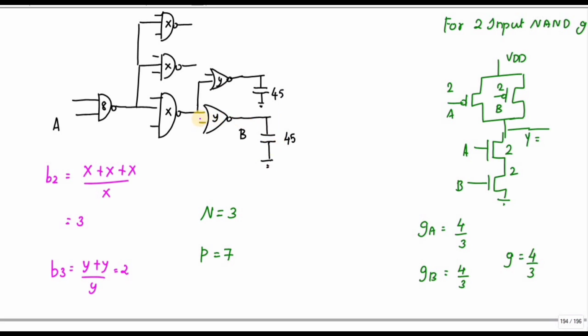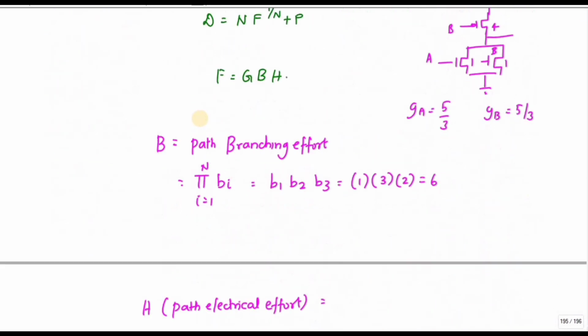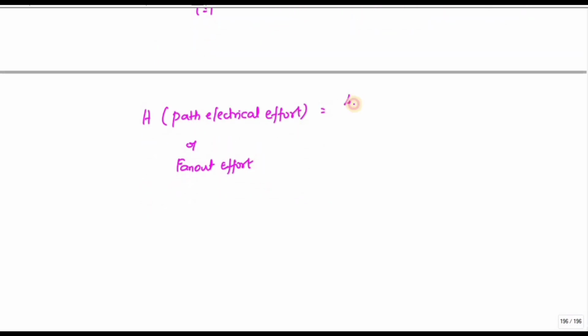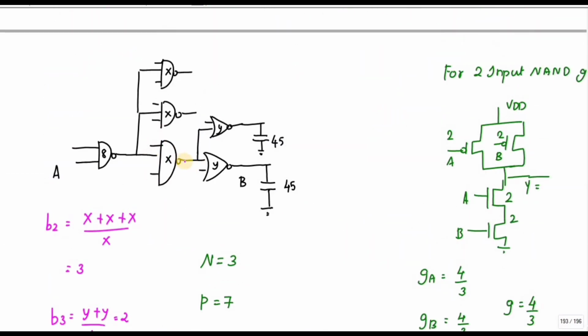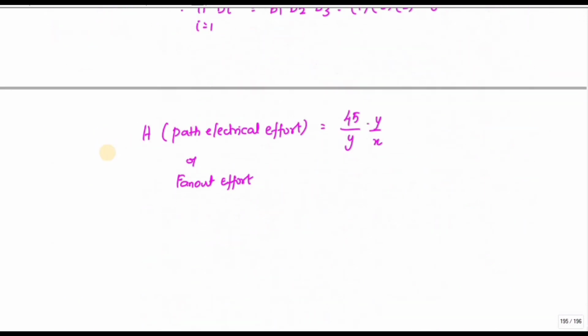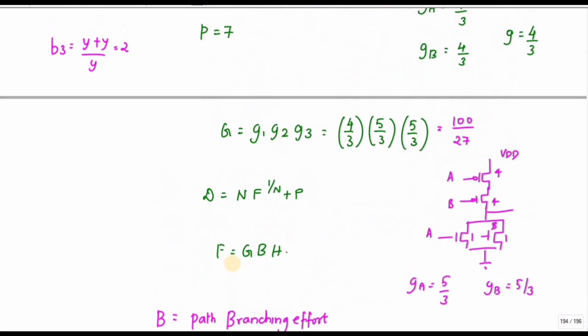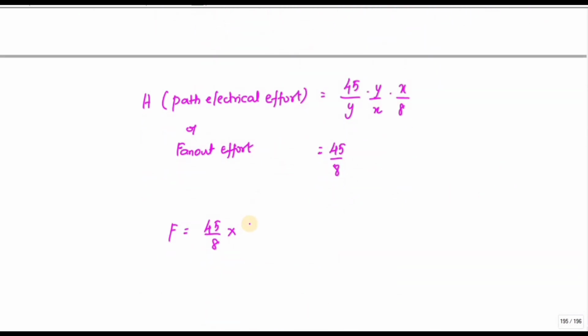C out is 45, and this is Y, so this is 45 divided by Y. For the next one, it is Y divided by X. For the 3-input NAND gate, it is Y divided by X, and for this one, it is X divided by 8. So the answer is 45 divided by 8. So what is F? F is equal to G into 45 divided by 8 into 6 into 100 divided by 27.